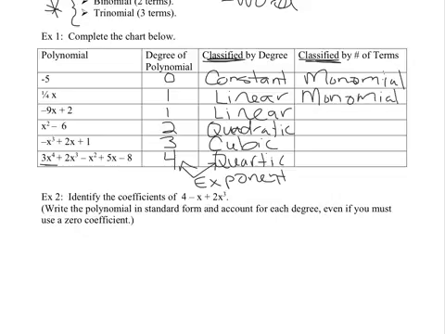Negative 9x plus 2: negative 9x is a term, 2 is a different term, so this is a binomial. x squared minus 6: x squared is a term, negative 6 is a term, so two terms, binomial.